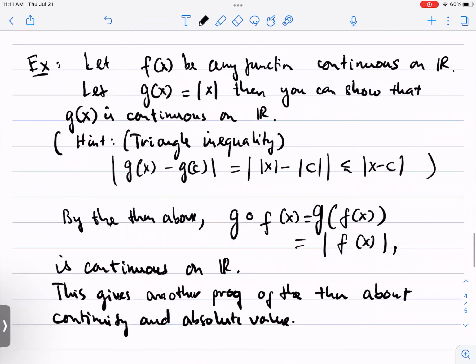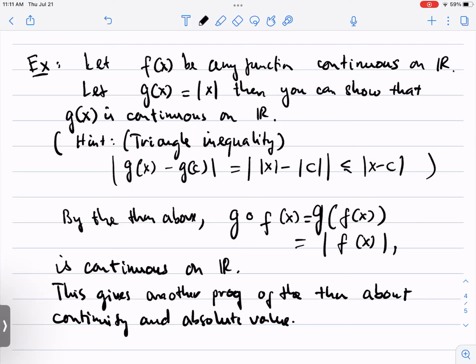So here is an example. Let the function f(x) be any function continuous on the set of real numbers. Let g(x) be the absolute value of x function. Then you can show that this function g(x) is continuous on the set of real numbers. Remember, this function is just equal to the absolute value of its input.